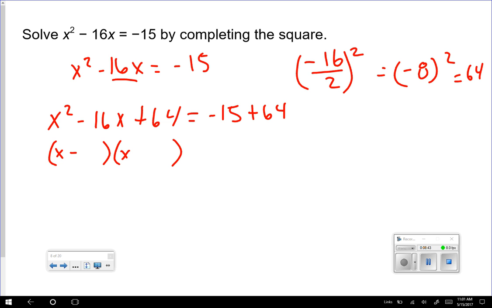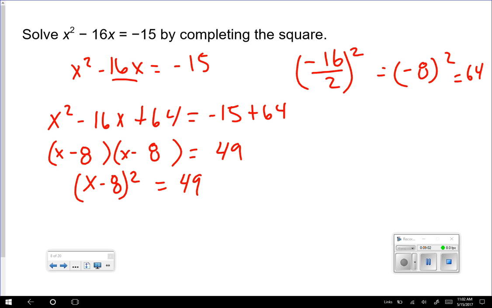That would be 8. And then we'd add these, so we get 49. So we have x minus 8 squared equals 49.